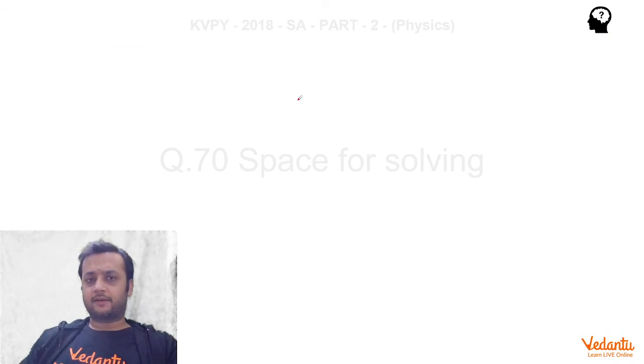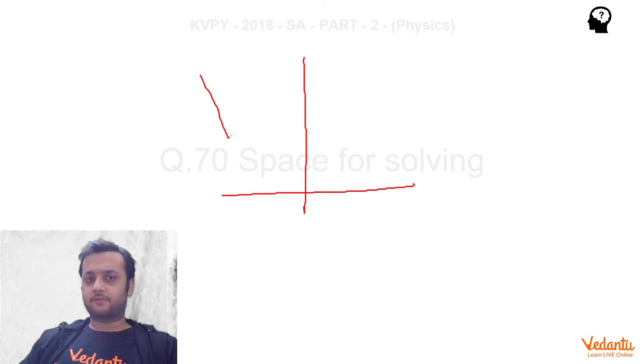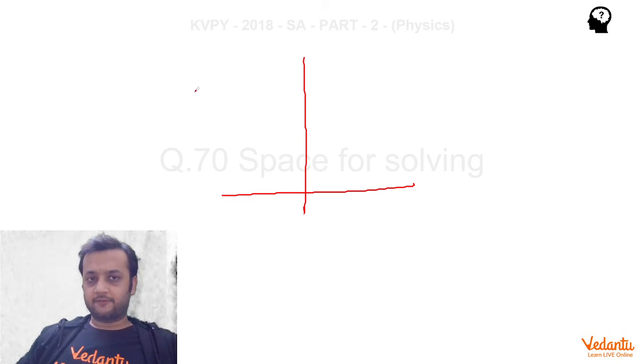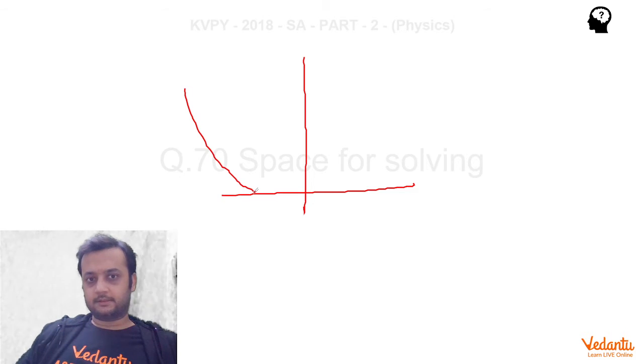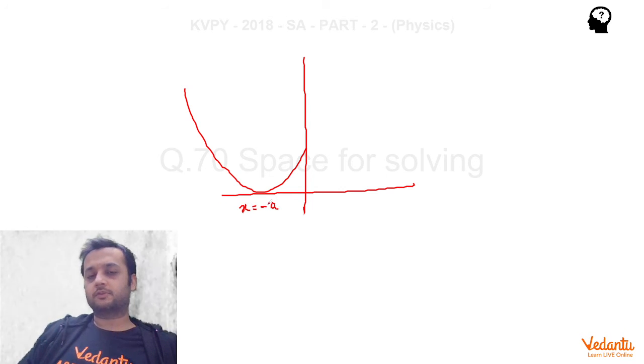So if you draw the graph, this is the y-axis and this is the x-axis. For x less than 0, the graph will look like this. This will be x equals to minus a. Again, it will be a parabola, just that it will become 0 at x equals to minus a.